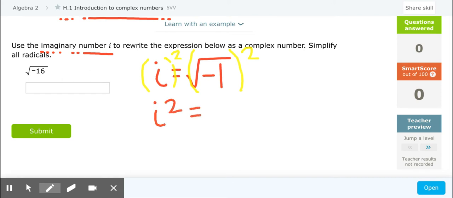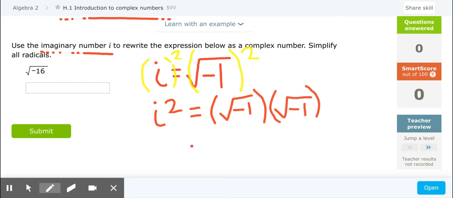And whenever you multiply something by itself, it comes out of a square root, right? So this would look like the square root of -1 times the square root of -1. And whenever you multiply two square roots that have the same thing in them, it would come outside. So that would just be -1. So we're using the idea that i squared is equal to -1 in order to solve problems like this.